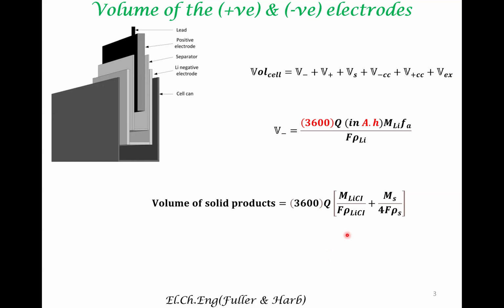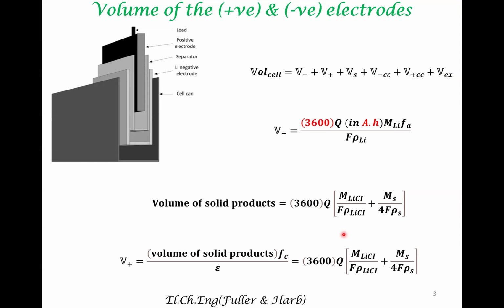All the solid products go into the porous carbon. So the volume of the positive electrode is determined by the volume of solid products that are formed divided by epsilon. That refers to the porosity of carbon.